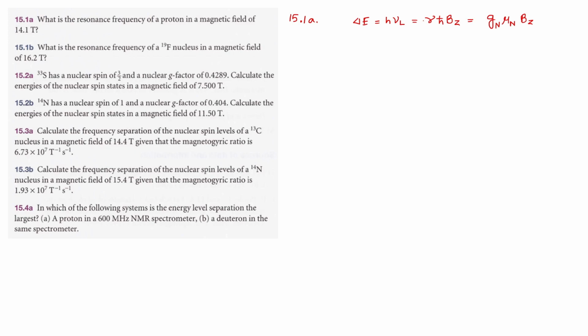So the resonance frequency nu L will be the nuclear g factor times the nuclear magneton times the magnetic field along the z axis, divided by h.